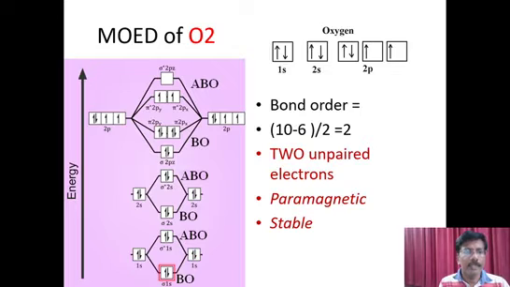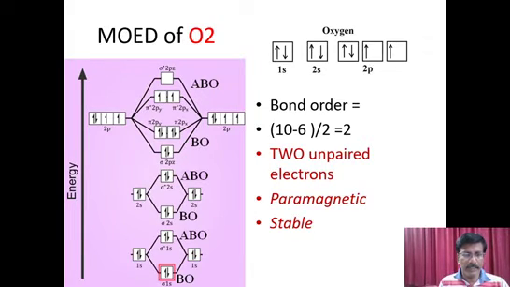And if you look at the upper portion again, pi star 2py, pi star 2px are both at a higher energy level, and above that sigma star 2pz. That is, pz interaction is a sigma type of bonding, whereas py, px are interacting sideways, which is nothing but pi bonding.